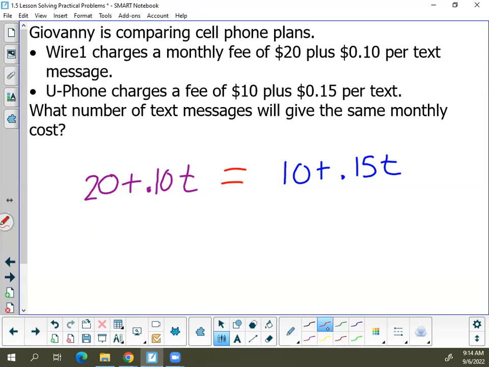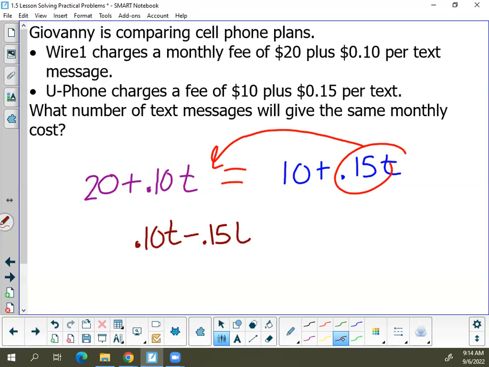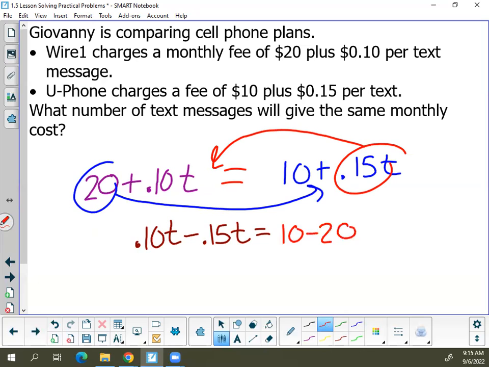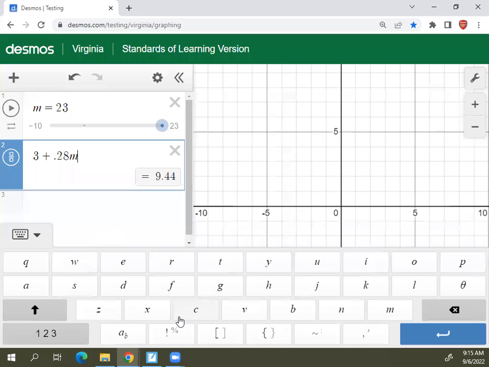And so we can solve this like a regular equation. I'm going to move my t's to one side. So I'm going to move this over here. When I switch sides, I switch signs. So that becomes a negative 0.15 t. I'll move this 20 over here. When I switch sides, I switch signs. And so that becomes a negative 20. I get negative 0.05 t over here. And over here, I get negative 10. Please be sure to use Desmos if you need it.